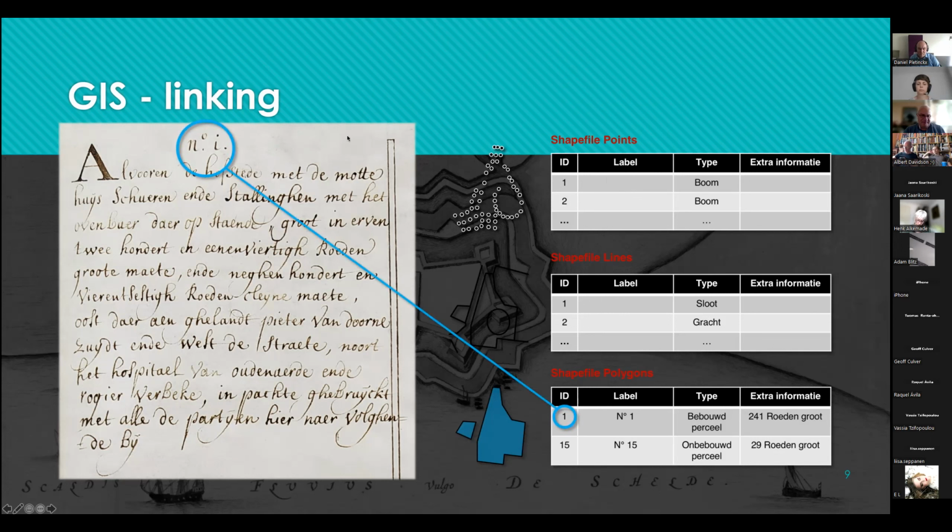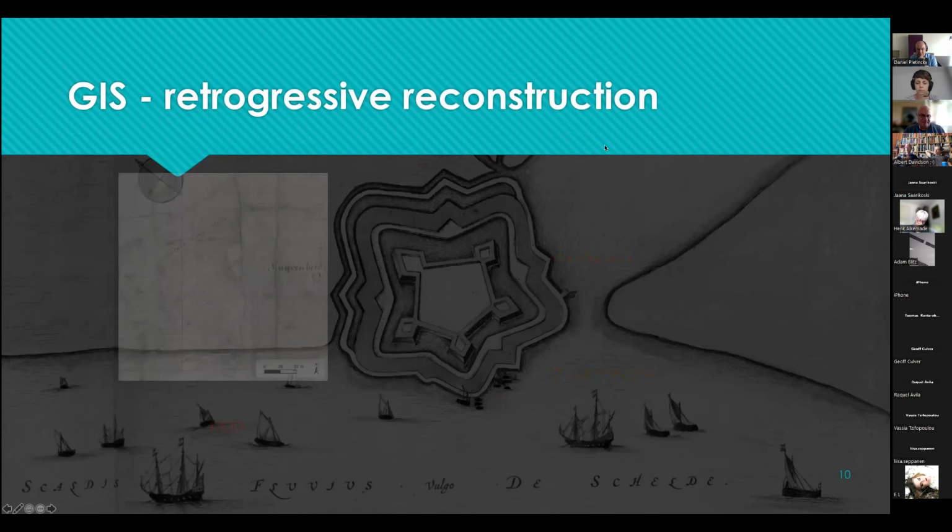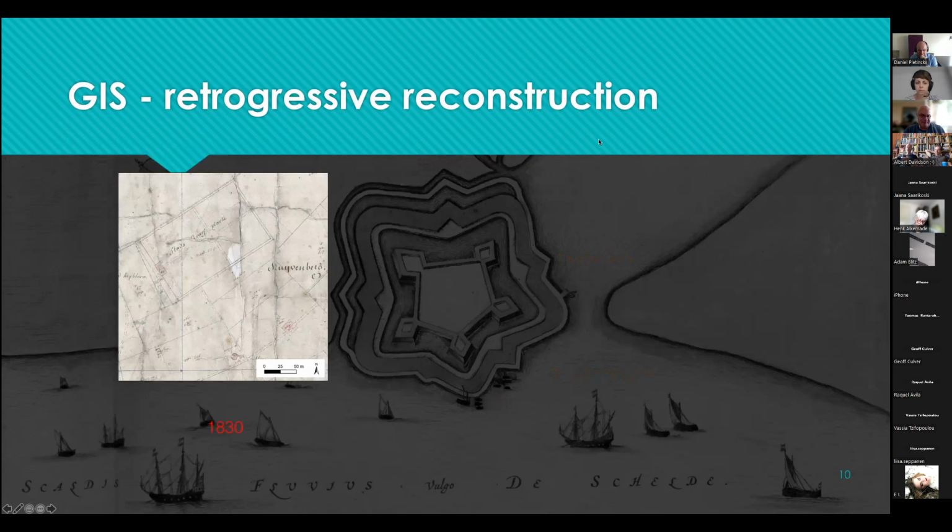Okay, so that means that here the parcel that is described is linked and can be put in the database, because on the shape files you can link database entries, you can put in the information of the text in this database. And so in this way this can also be used to understand older maps from newer maps.